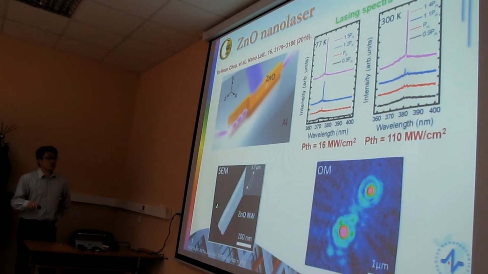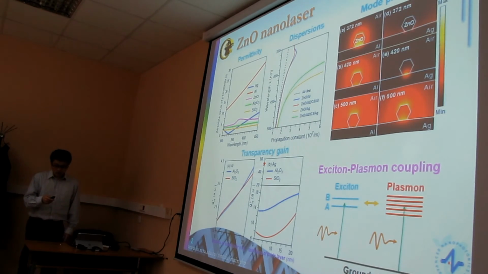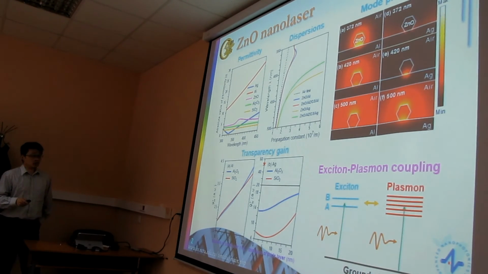This figure is the SEM of the nanowire, and the right-hand side figure shows the optical microscope image, and we can see that the laser light is coherent. In this paper, we also numerically calculated the dispersion relation, the electric field under different wavelengths, and the threshold gain.